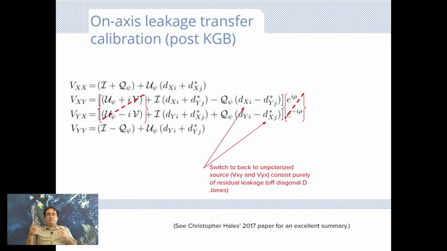So leakages really is a tertiary effect for us. And we solve for it then lastly using an unpolarized source again. So now whatever is left on the off diagonals should just be a form of leakage from total intensity into our measurement of 45 or negative 45 degree polarization.